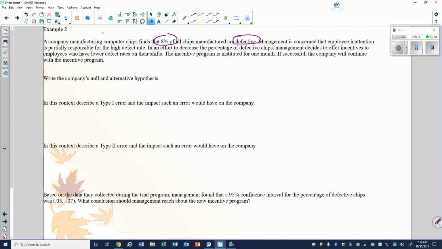So in an effort to decrease the percentage of defective chips, they decide to offer incentives to employees who have lower defect rates on their shifts. So the incentive program is instituted for a month, and if it's successful, the company will continue paying these employees with that incentive. So my null hypothesis is going to assume that things are the same from the very get-go.